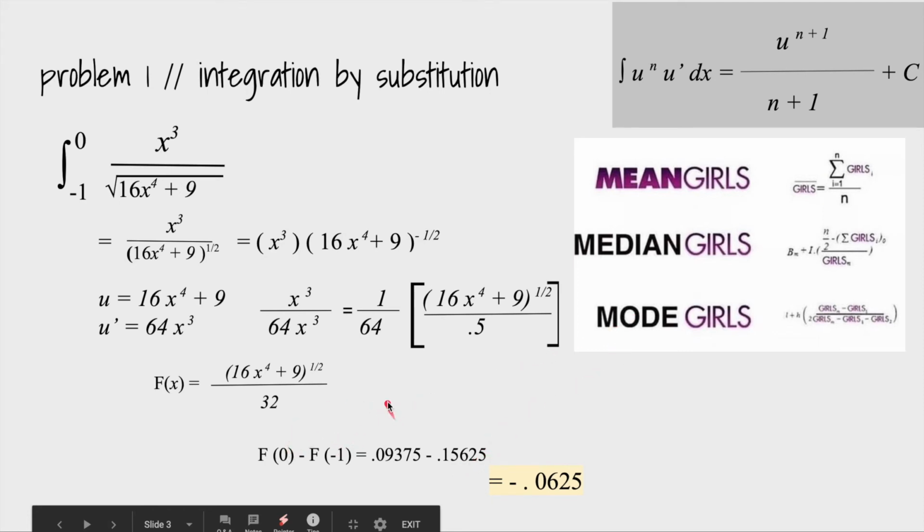Now, because the fundamental theorem of calculus is f of b minus f of a, I forgot what it's called for a second, that's why we had to put a minus. And we got -0.0625.